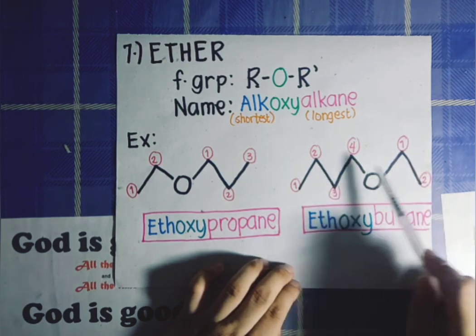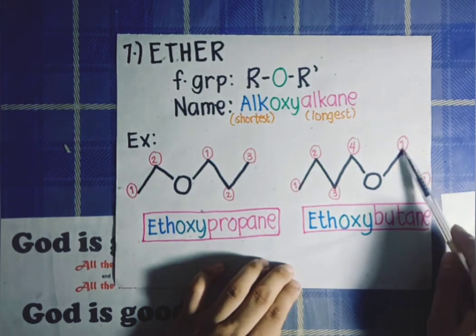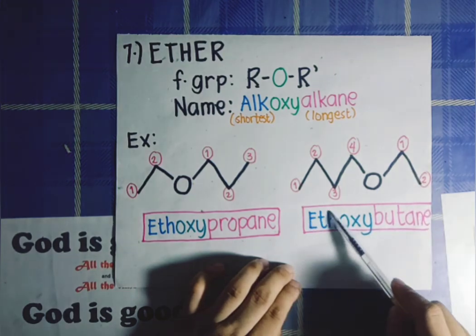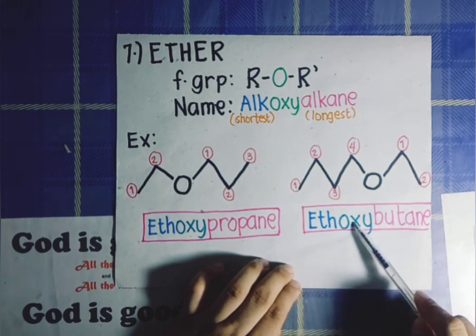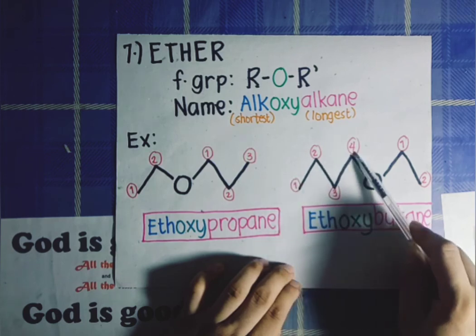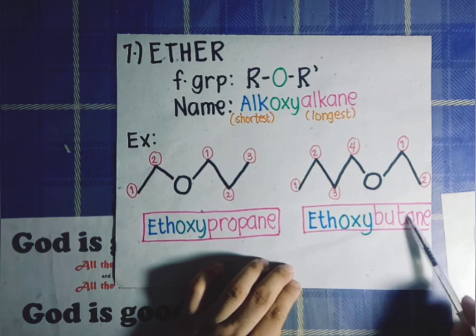Now between these two, which one is shortest? Obviously, the shortest is this one, which only consists of 2 carbon. And therefore, we are not going to name this as ethane, but just eth. So we have here eth plus oxy, and then the longest one is this chain, which consists of 4 carbon atoms. And therefore, the name of this compound is ethoxybutane.